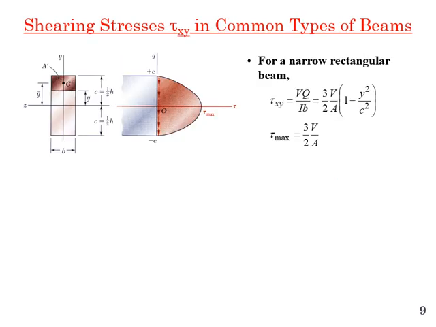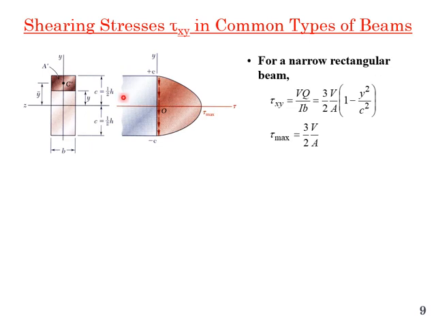But now, what will be the shear stress distribution? Now let's take this rectangular cross section. So we have a rectangular cross section beam, and we have this whole dimension.